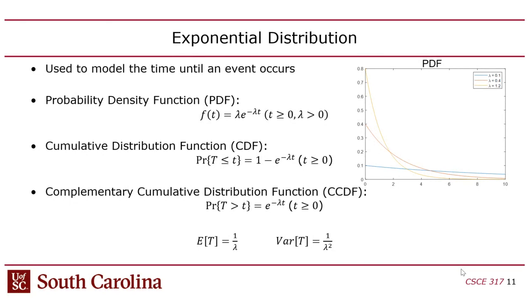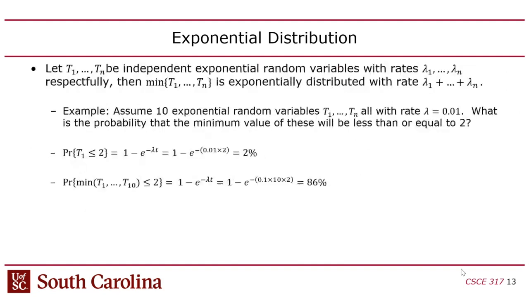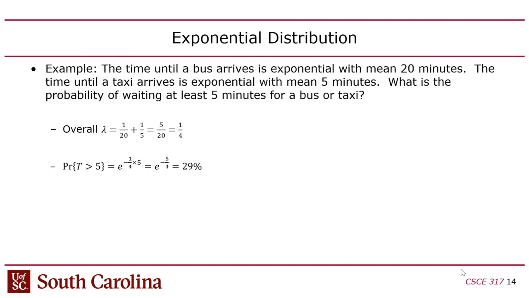And then the probability density function isn't really useful for much other than integrating it to get the CDF, but it's lambda e to the negative lambda t. It's the derivative of the CDF, and it gives you a relative probability. So I guess some examples here. Skip over that.